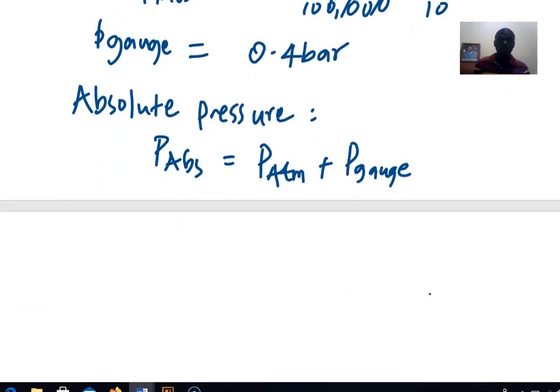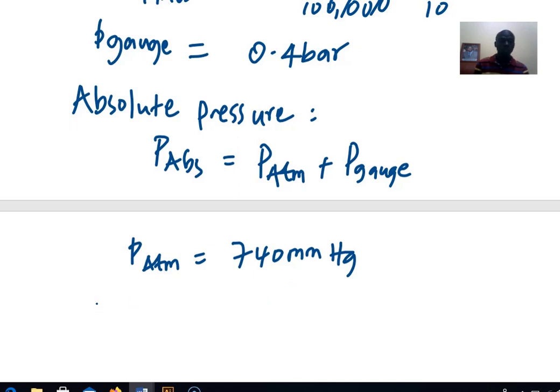We already have P gauge, so we need to get P atmospheric. So P atmospheric is 740 millimeters of mercury. For us to have absolute pressure, for example in pascals, we need to convert this pressure from millimeters of mercury to pascals.